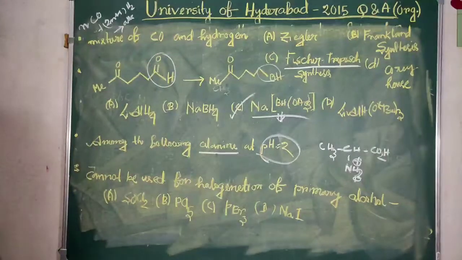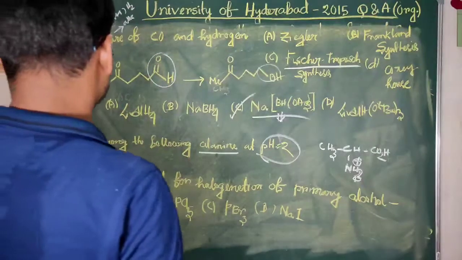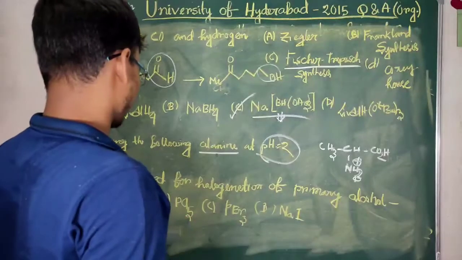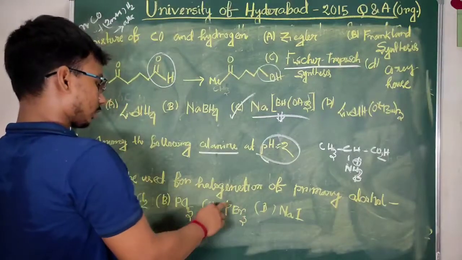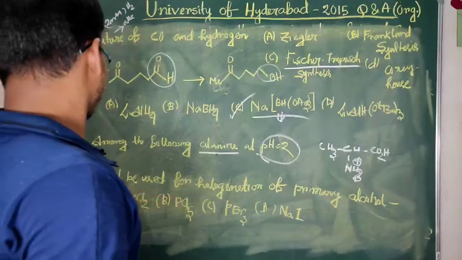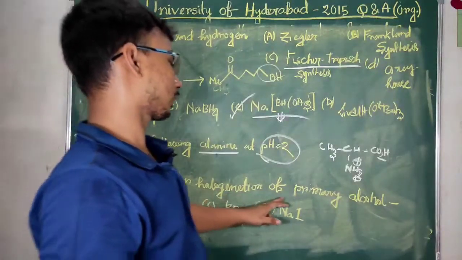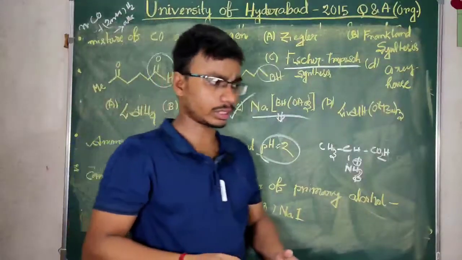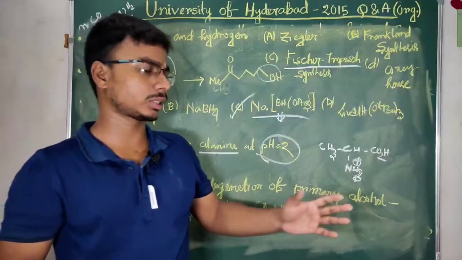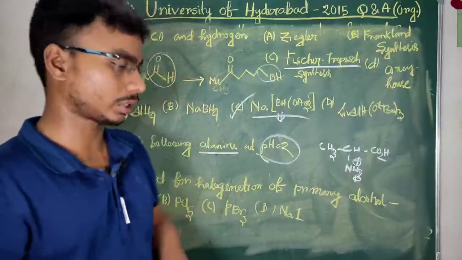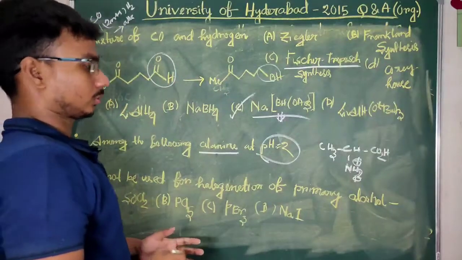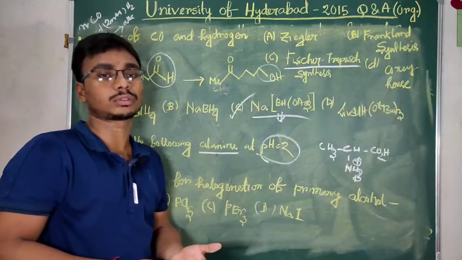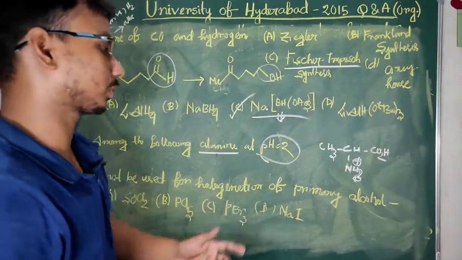Here is the question, I didn't write the full question. It is the question in which reagent cannot be used for halogenation of a primary alcohol. We can convert a primary alcohol into a haloalkane through these reagents, but there is one reagent which is not applicable for the conversion.